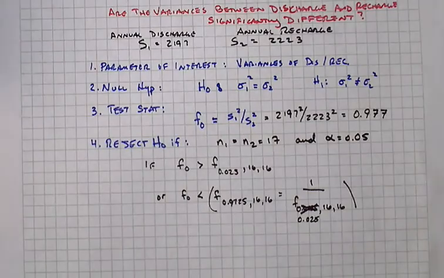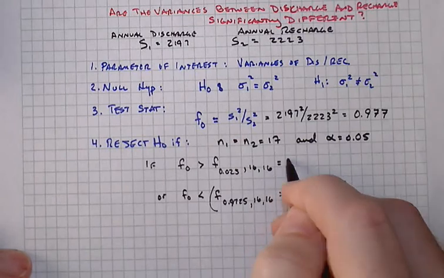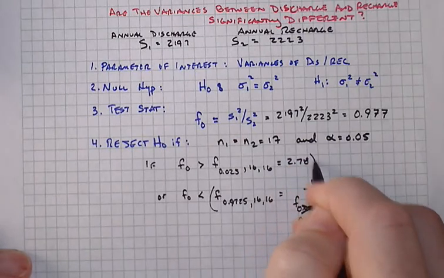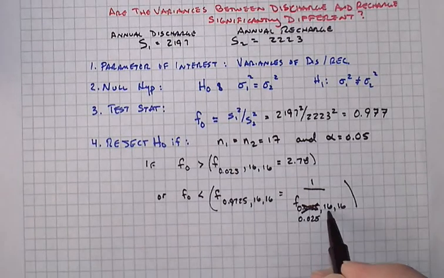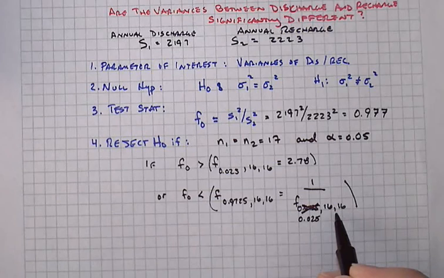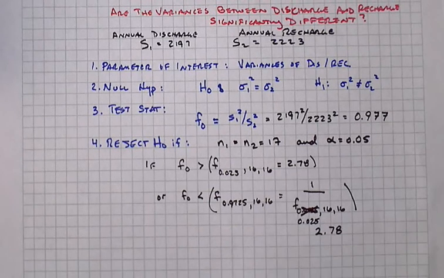So we have then that this number is going to be 2.78. And this number down here, because the 16s played out to be the same, is also going to be 2.78. And in this case, 1 over 2.78, that number is 0.3597, or about 0.36.